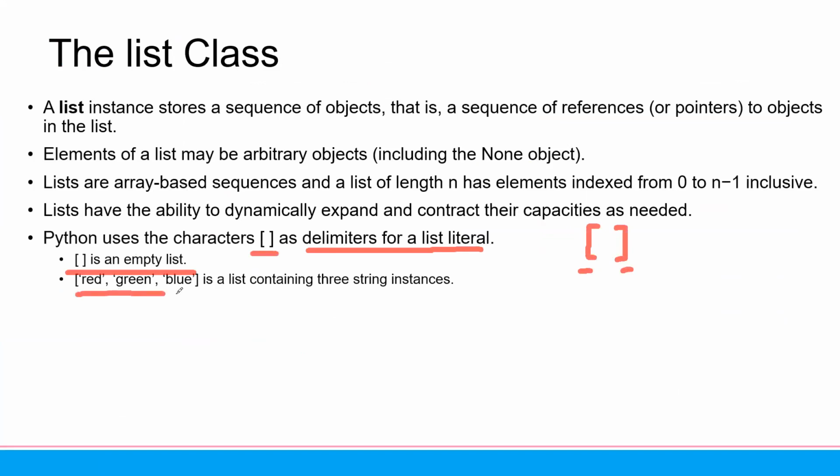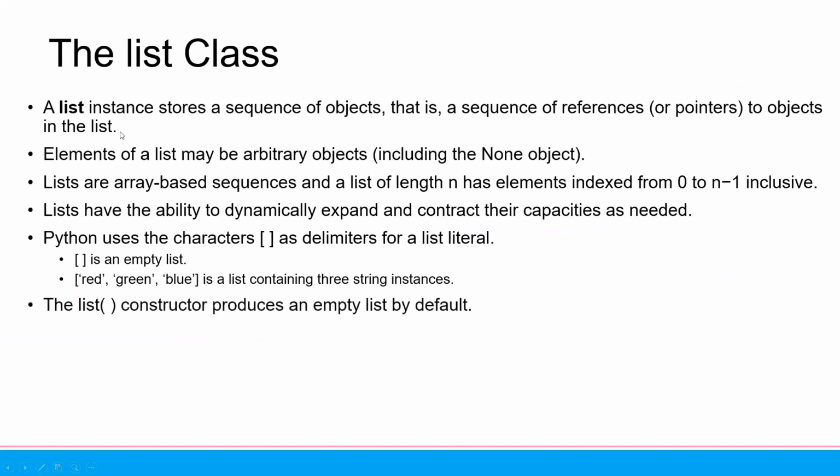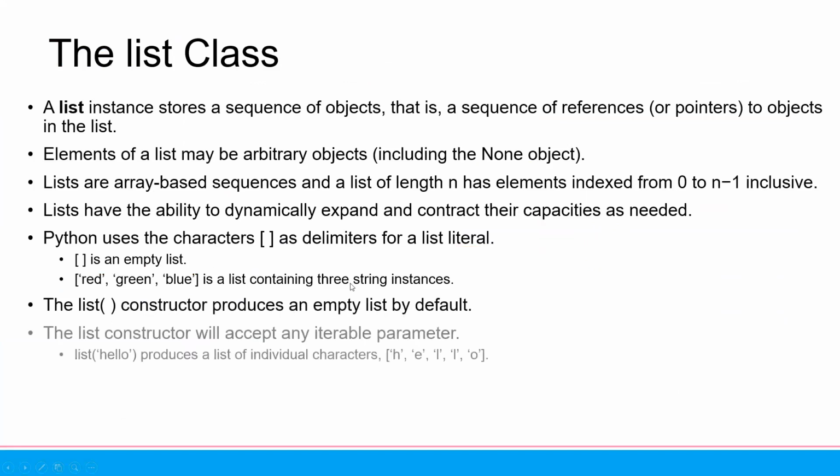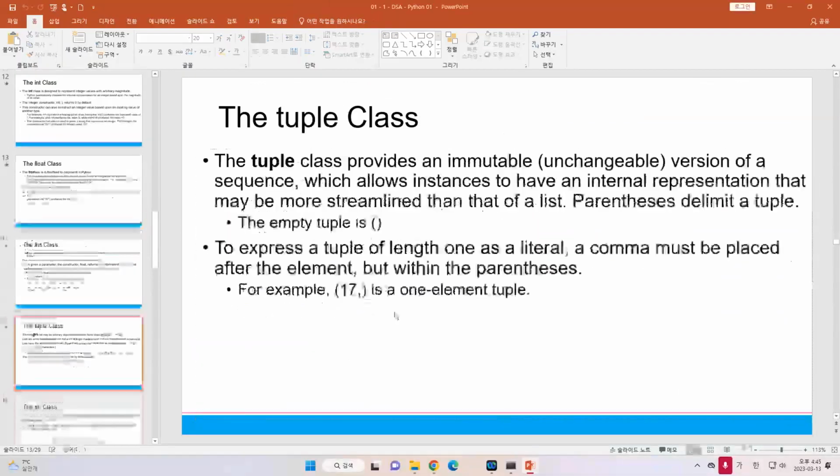But if we want to include some elements, we can include any elements. The list constructor produces an empty list by default. And if you include the word hello in the list constructor with parentheses, it will give you individual characters.